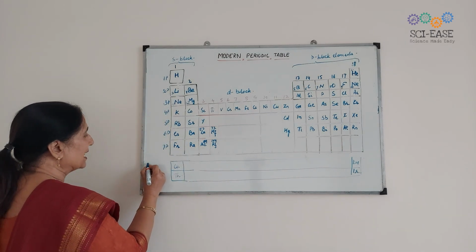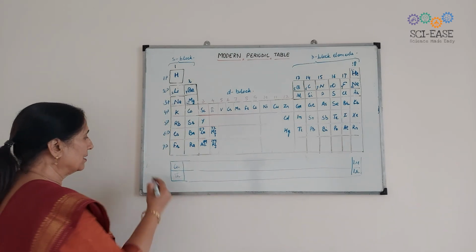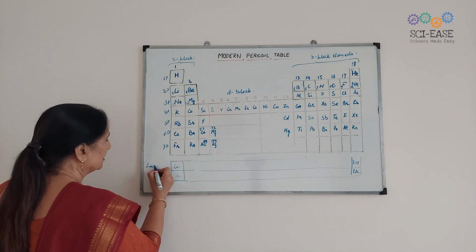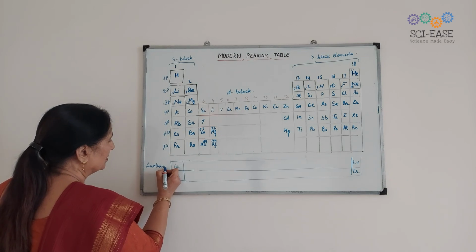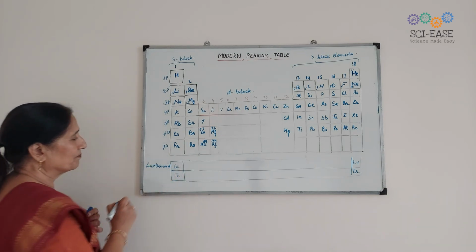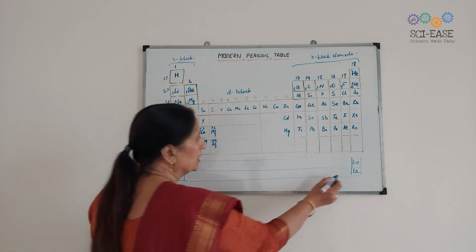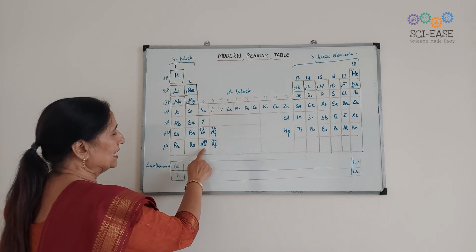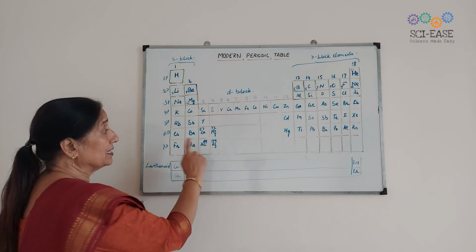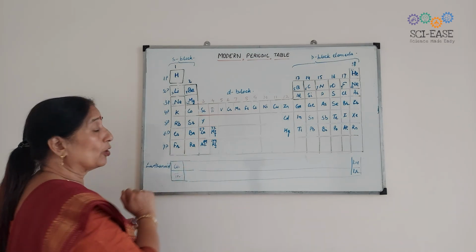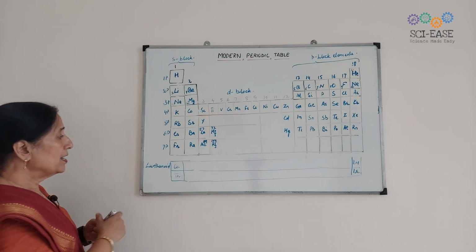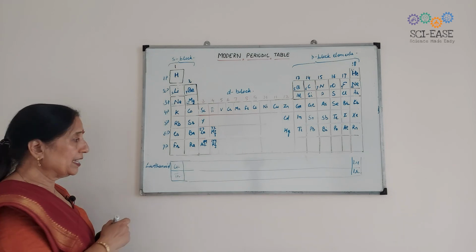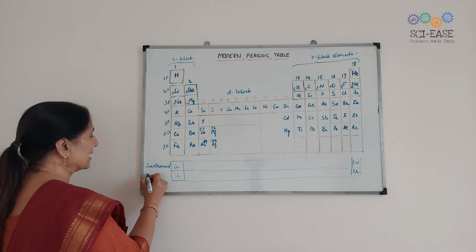And they are known as lanthanoids, or lanthanoid series. Okay. And from thorium to lawrencium, because here after actinium, having atomic number 89, there is an element which has atomic number 104. Okay. So, in between, elements from thorium to lawrencium, okay, they are known as actinoids.